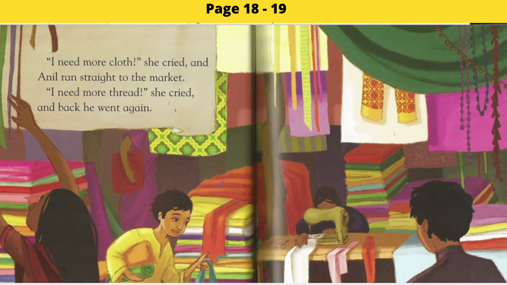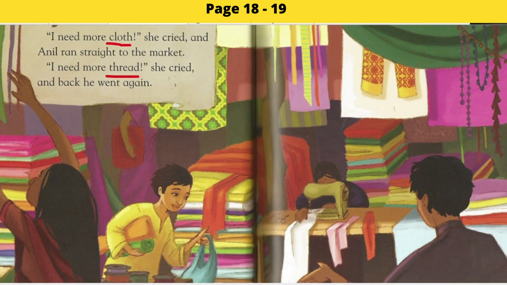So Anil went to the market because his mother wanted more cloth. Mak dia perlukan lebih banyak kain, and then dia juga perlukan lebih banyak benang. So dia suruh Anil pergi ke market lah. Anil pergi ke market berulang-alik lah untuk pergi beli barang yang diperlukan oleh mak dia menjahit.